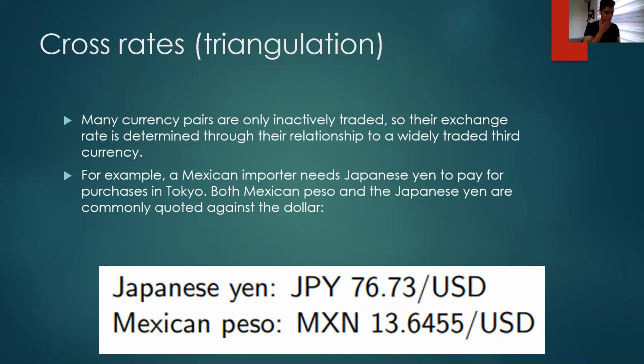But every other country in the world also cares about the exchange rate of their local currency with the dollar. So it's very normal that someone in Japan will know the exchange rate of Japanese yen over dollar, and someone in Mexico the exchange rate of pesos over dollar.